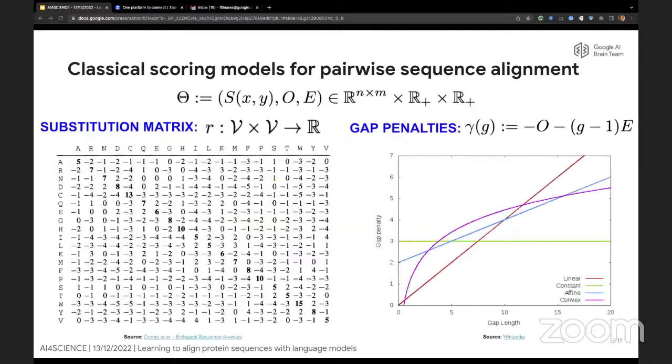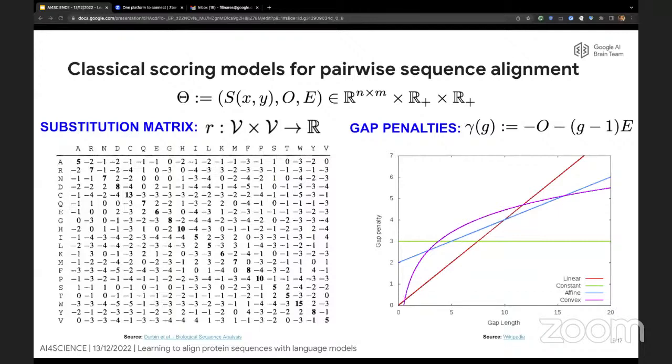What we need is something often called a substitution matrix, which is a matrix that tells us how similar every pair of amino acids is, and a gap penalty function. You can interpret the substitution matrix as a kind of reward, if you want to view it in the RL sense, that we get when we align one particular residue to another particular residue.